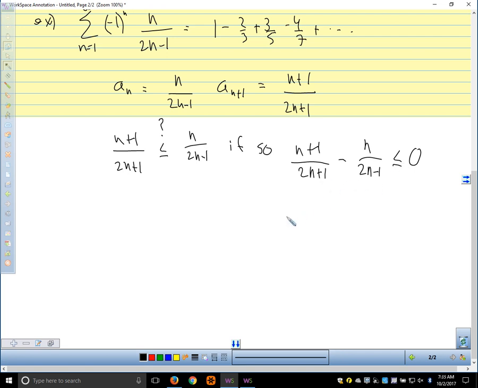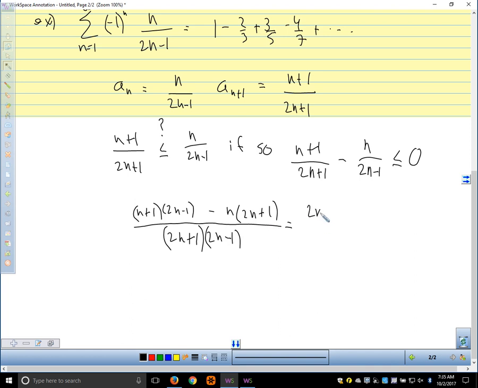So I get n plus 1 times 2n minus 1 minus n times 2n plus 1, all over this common denominator of 2n plus 1 times 2n minus 1. Well, this equals 2n squared plus n minus 1 minus 2n squared plus n, all over that denominator.